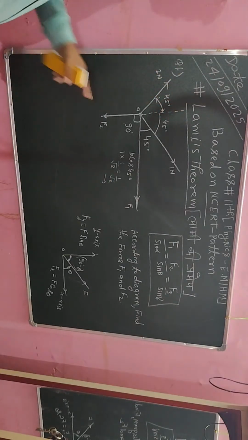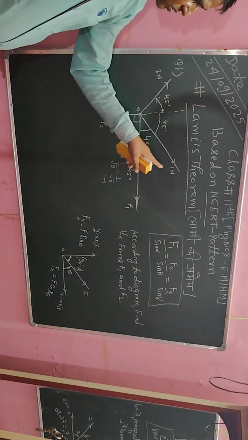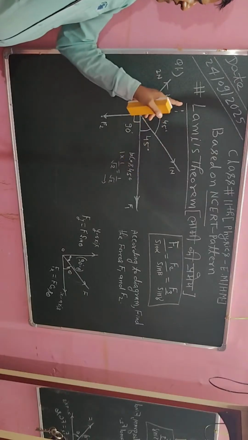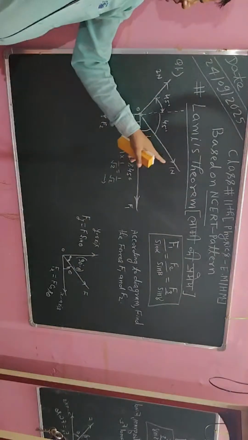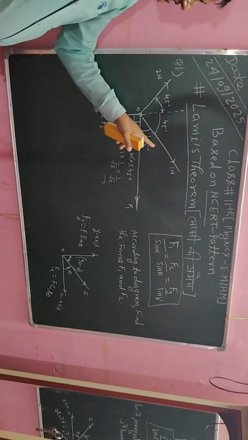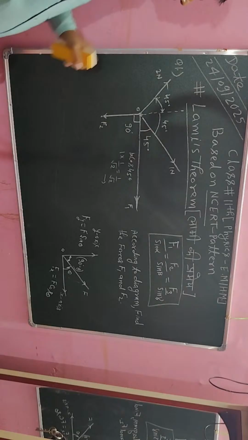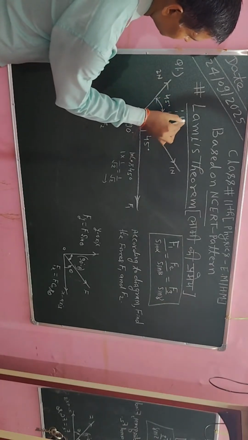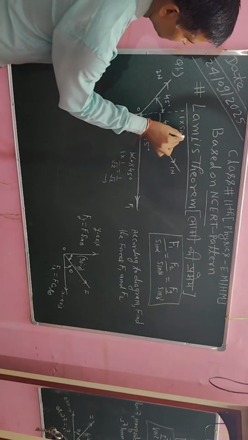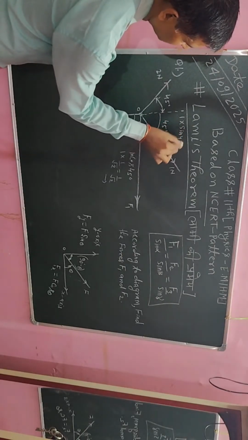Now this force I have to take resolution along y axis. So here I will say this force into sin theta. Sin theta, in the place of theta I have to put 45 degree. So here I write 1 into sin 45 degree.